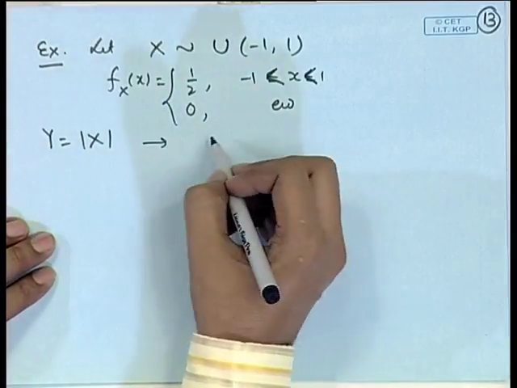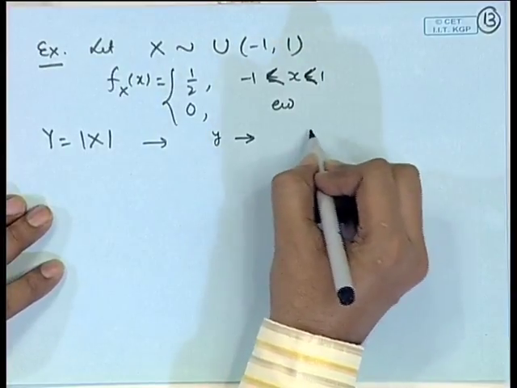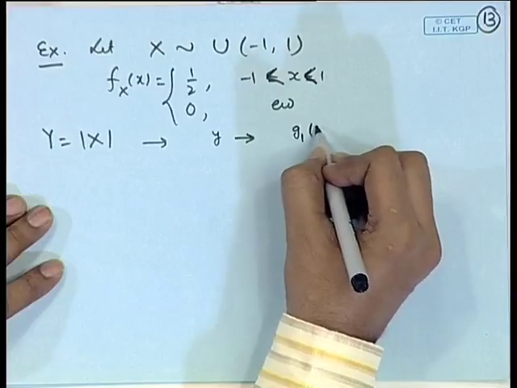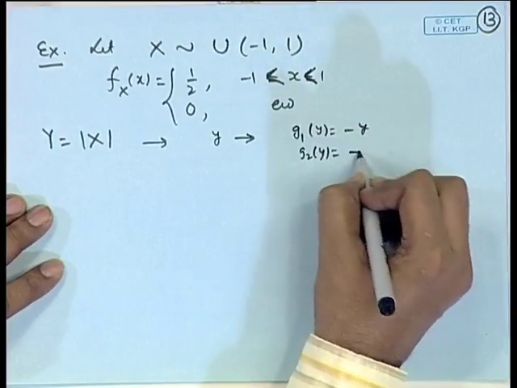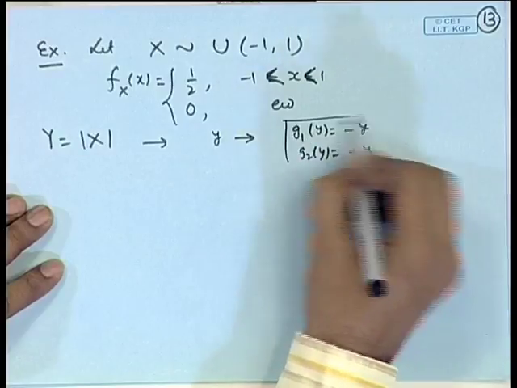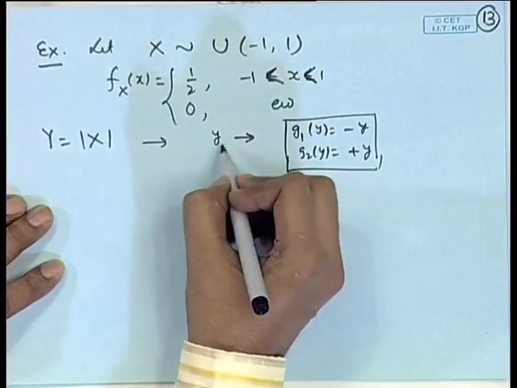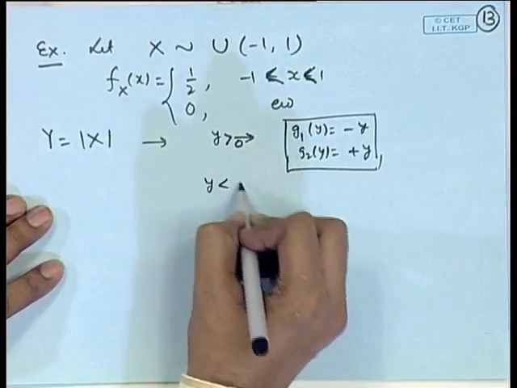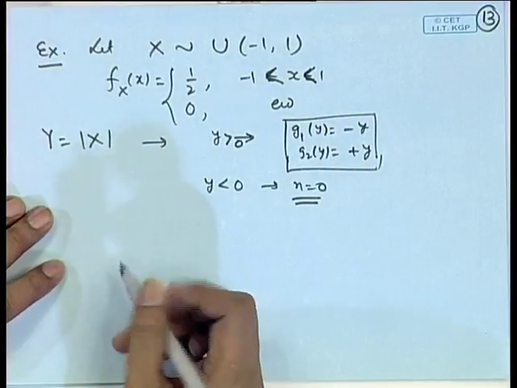So, here for a given y, we have g 1 of y is equal to minus y and g 2 of y is equal to plus y. So, two inverse images for a given y positive are there. If y is negative, n is equal to 0, that means there is no inverse image.